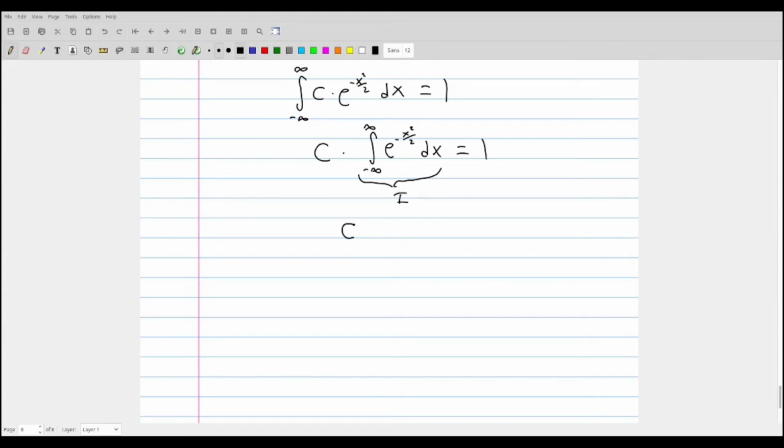But this normalization constant c should be equal to 1 over I to satisfy the equation c times I is equal to 1. So if we can figure out the integral of this function, then we have our normalization constant.